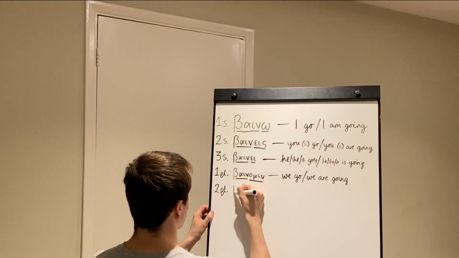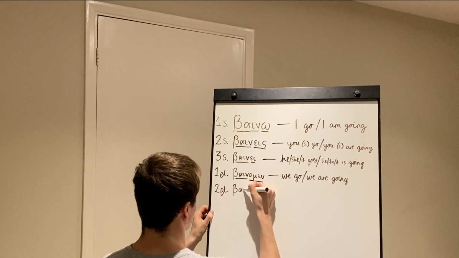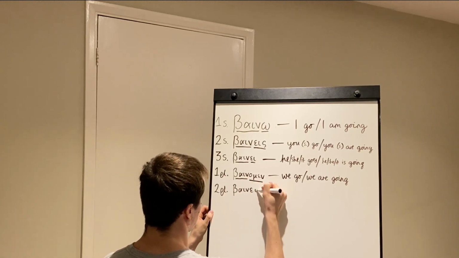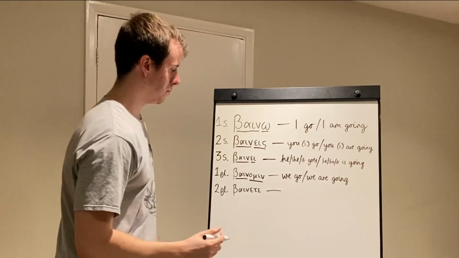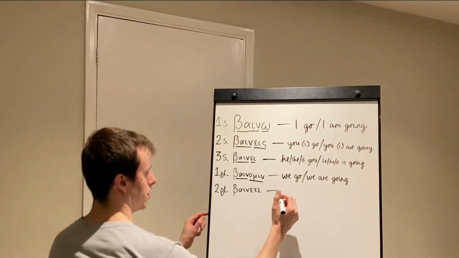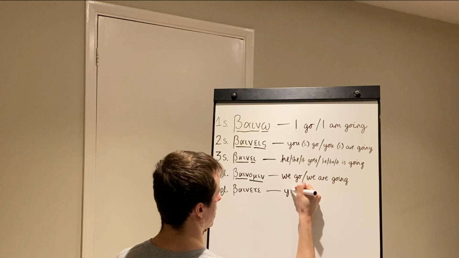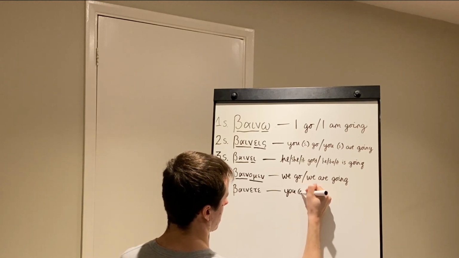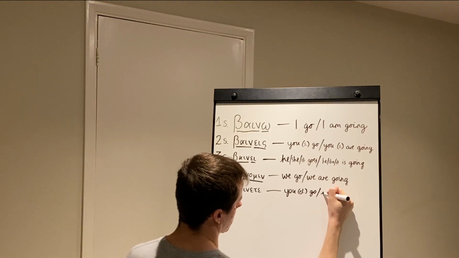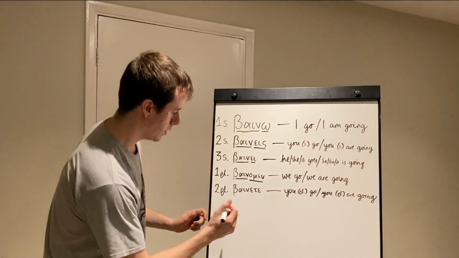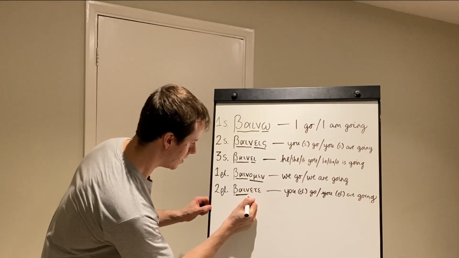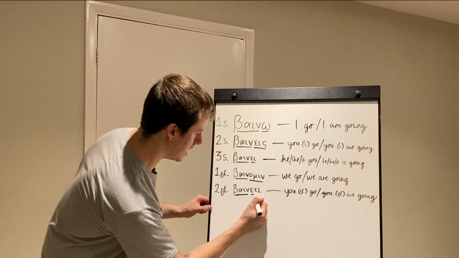So, with the stem, together, that would be bainete, like so. Bainete then means you plural go, or you plural are going. You have the stem bain and the ending ete.